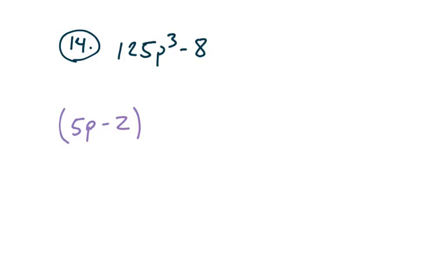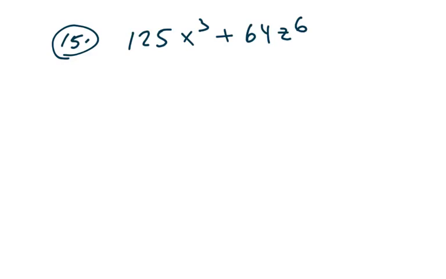Again, don't try to formally memorize them, but just be on the lookout for them. And you'll naturally start to memorize them. At least that's what I did, and now I know them by heart. So square both sides. Remember, this is going to be 25p squared. Got to square both. The back side, square it, you get 4. The middle is the product, which is 10p. Same, different, positive.